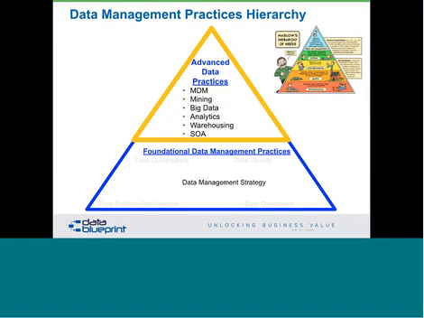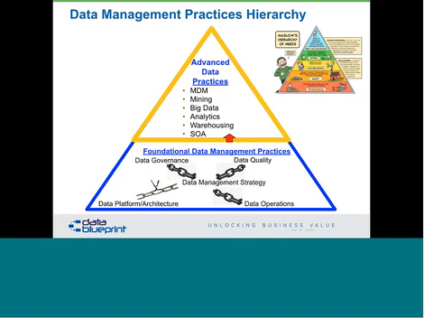So these foundational practices need to be in place before you start to do these other things. And one other point on all this is that these 5 foundational practices, we'll talk about them in a second, governance, quality, data management strategy, data operations, data platform, and architecture, are only as strong as the weakest link.